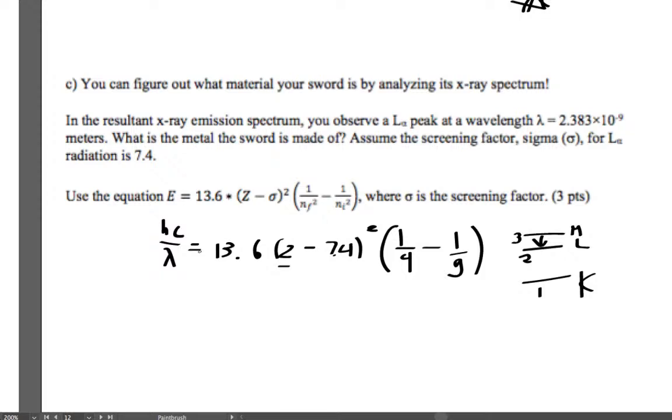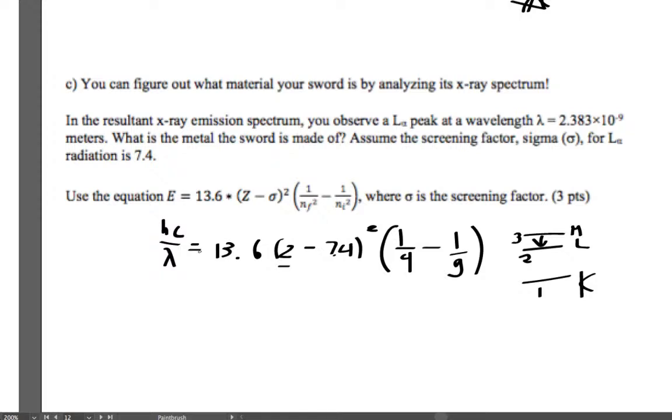Okay. And then we divide it by lambda, which is 2.383 times 10 to the power of negative 9. That means the energy we have is 520.688 electron volts.